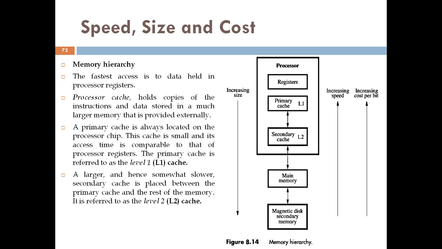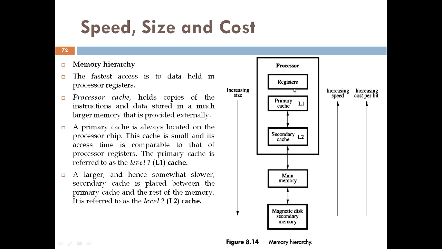The processor registers are at the top in terms of speed of access, but storage-wise they provide less storage space to store data. So the processor register is a very small memory.